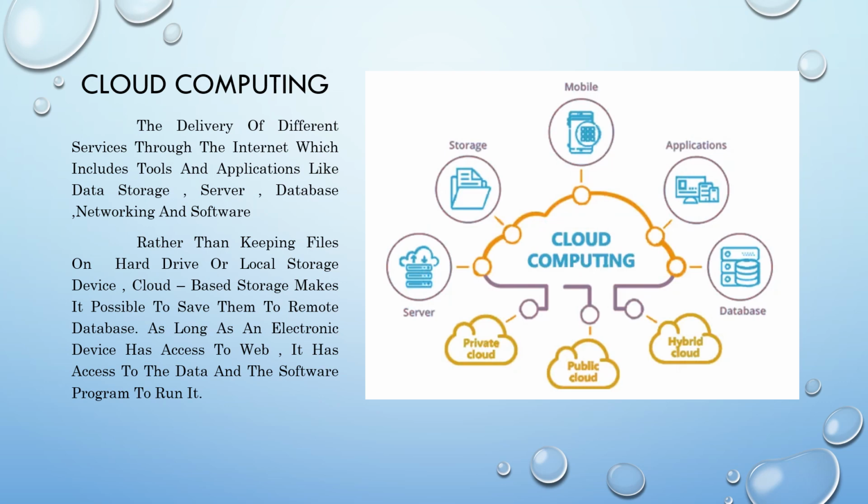Also you can see in the image that the different devices like applications, mobile, storage, server, database, all are connected to the cloud computing. Also it is of three types: private cloud, public cloud, and hybrid cloud. So we'll see what is private cloud and public cloud.